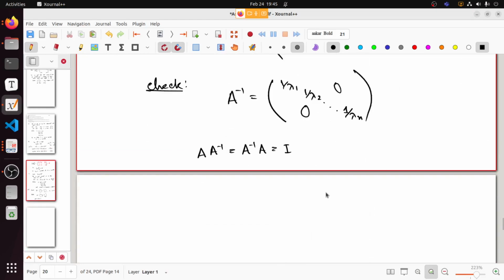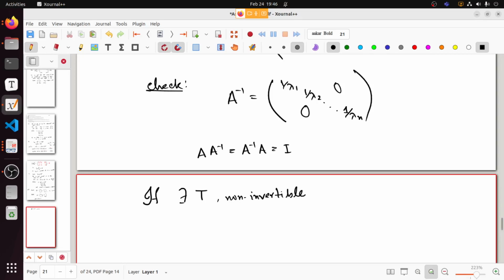So if there exists a non-invertible T such that the matrix of T with respect to some basis, say alpha, is A, then A will not be invertible, right?